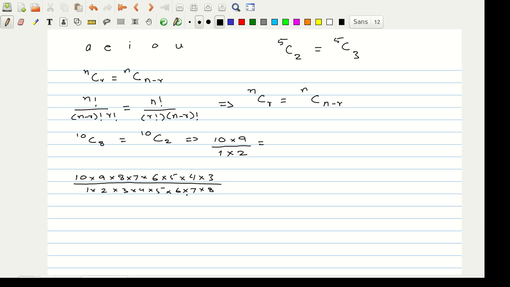And it becomes very cumbersome to write it like this, because in the end we know that these will cancel, and you will be left with only 10 times 9 divided by 1 times 2. So it's better to first convert it to 10C2, which is a smaller number, and then evaluate the result, right? Now with these formulas, I think we should be good enough, and we will solve some problems.